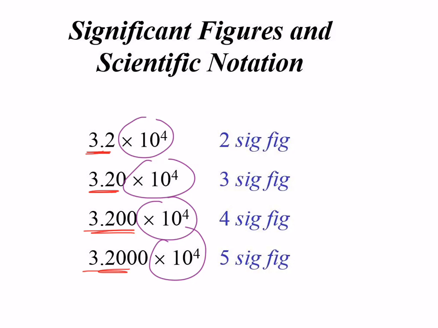So 32,000 packed up is 3.2 times 10 to the 4th. There are 2 significant figures. If in the coefficient you add a trailing 0 after the decimal, now you have 3 significant figures. 2 trailing zeros, you have 4. 3 trailing zeros, you have 5.